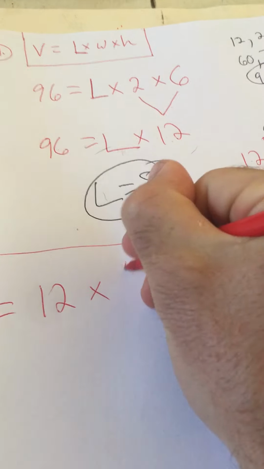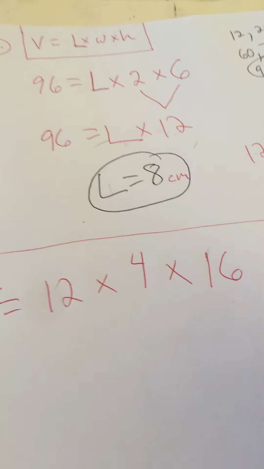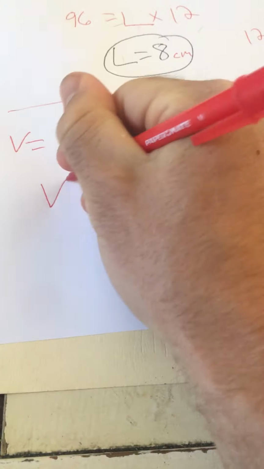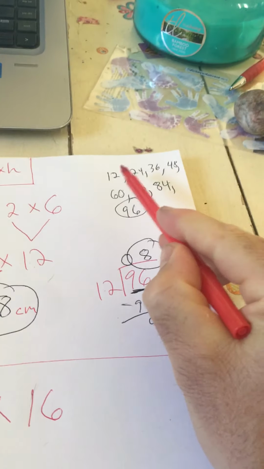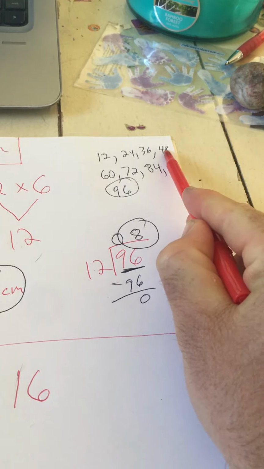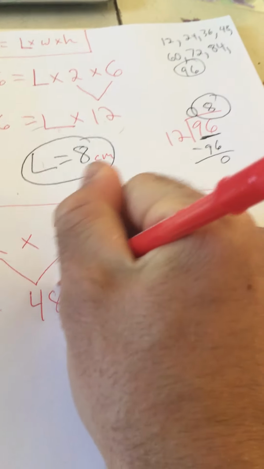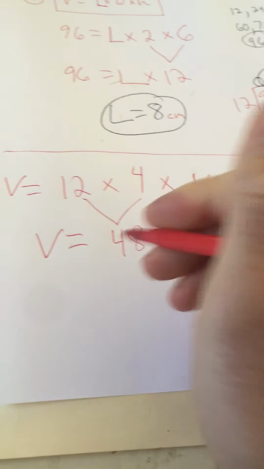It's going to be 4. And then we just found out what the length is. It was 8, so if we double it, that is 16. So now to find the new volume, we're going to do 12 times 4 times 16. So 12 times 4, we just did up here, 1, 2, 3, 4, is 48. And then we have to do 48 times 16 to find the new volume.